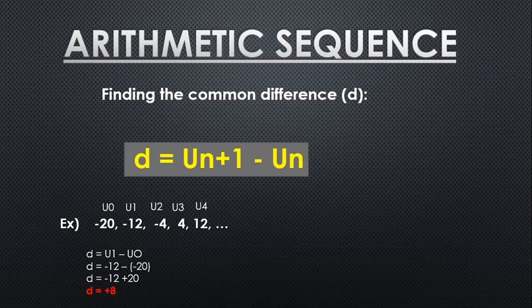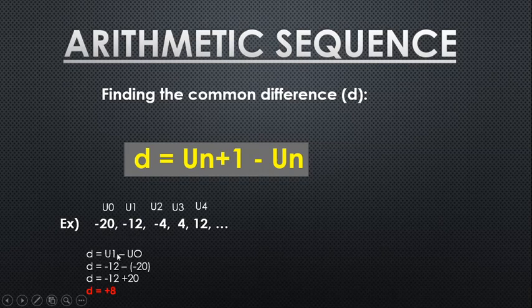What I mean is that let's say we took the first two terms, that is u1 and u0. Okay, so we take the first two terms, these two terms. You always have to subtract next minus before.